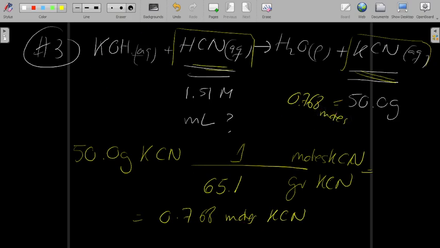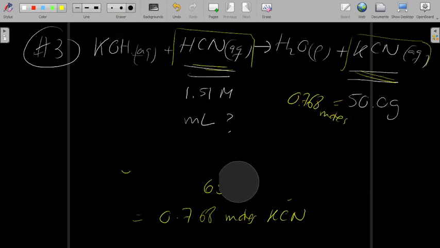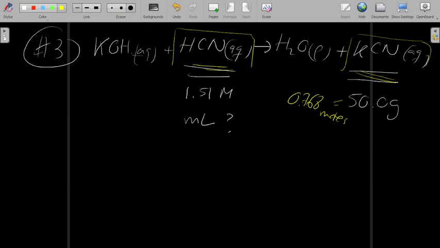Great. We have moles now. Now we can do reverse stoichiometry. So basically what you're saying is these moles is what I want to be able to produce. How many moles did I have to start with of the reactant?